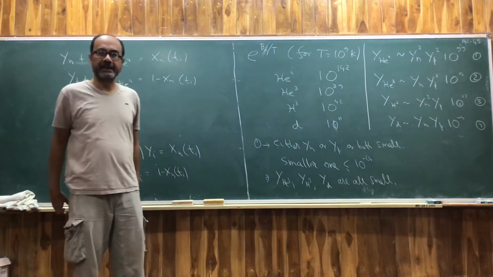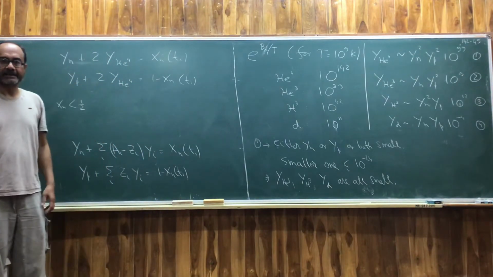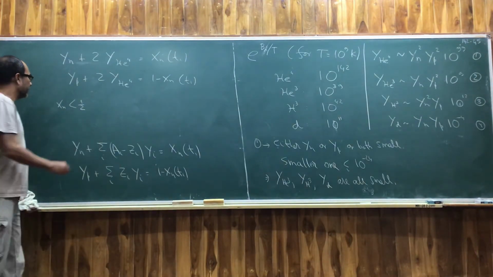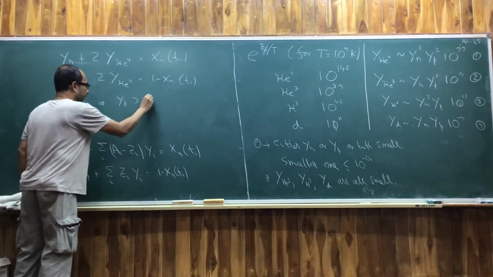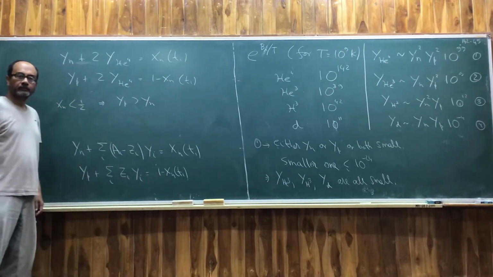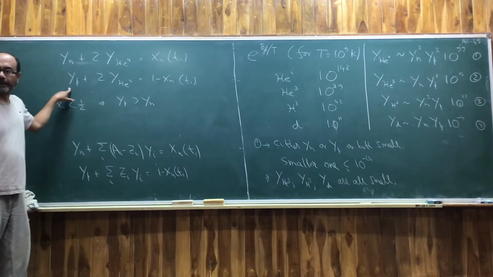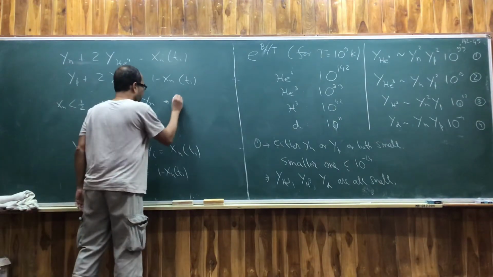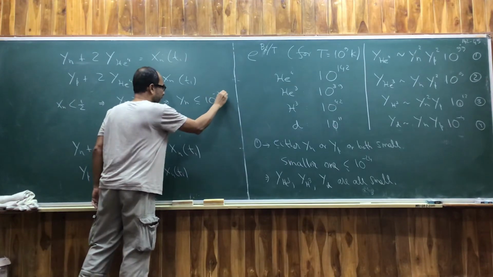The fraction of neutrons is less than half. We saw that at 10 to the 9 K it's like 0.13. So X_n is less than half, and this implies that Y_p must be larger than Y_n. Just compare the two. So hence, Y_n must be less than or equal to 10 to the minus 24. So you can ignore the Y_n.